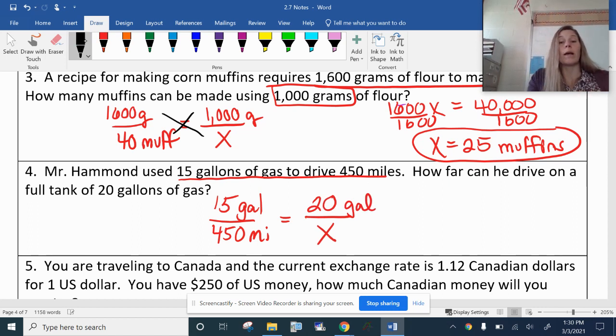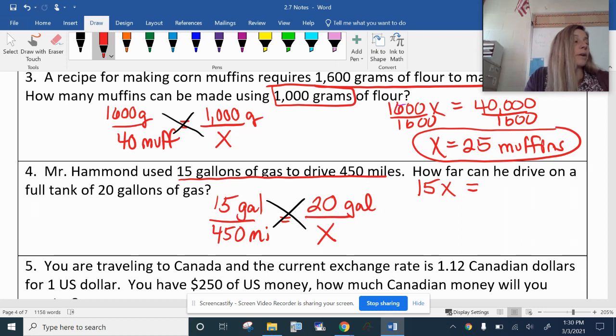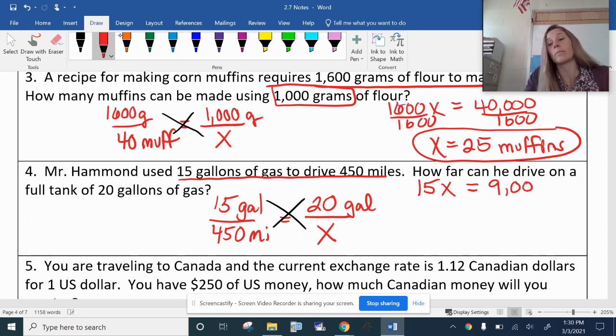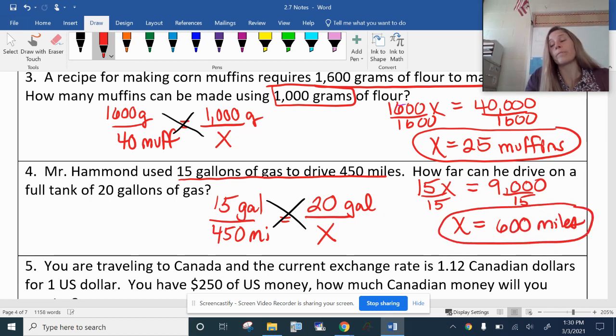Now cross multiplying. So I have 15x equals 450 times 20 is 9,000. We divide, and we get x equals 200 miles.